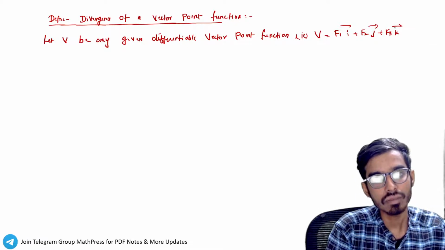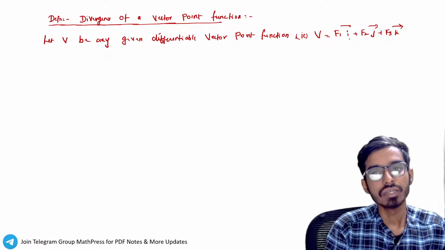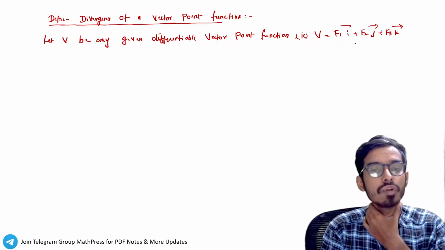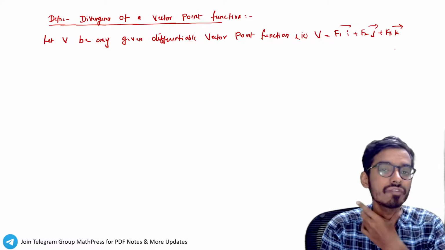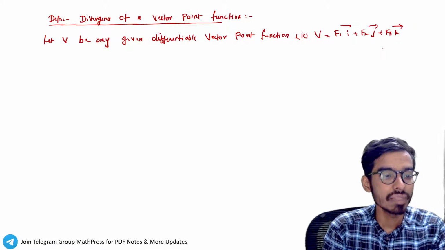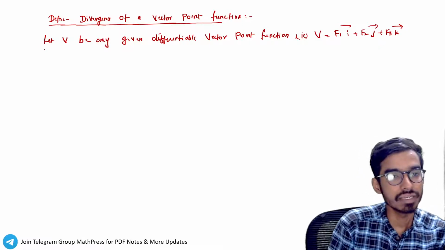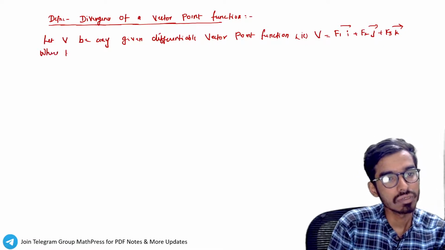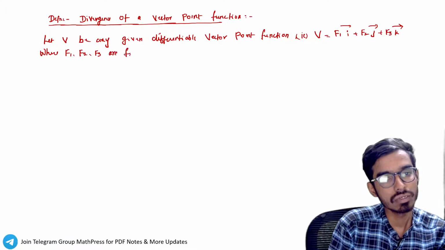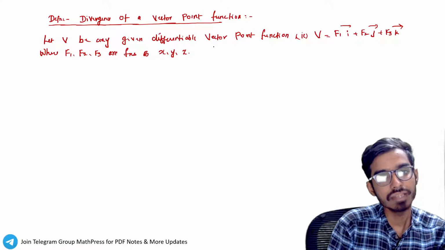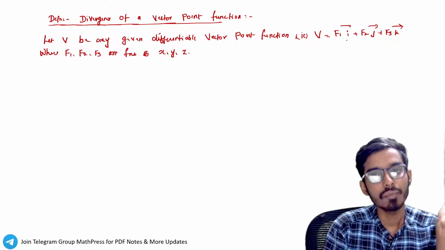Remember, this is a vector point function, so the output will be a vector. Here f1, f2, f3 are functions of x, y, z.